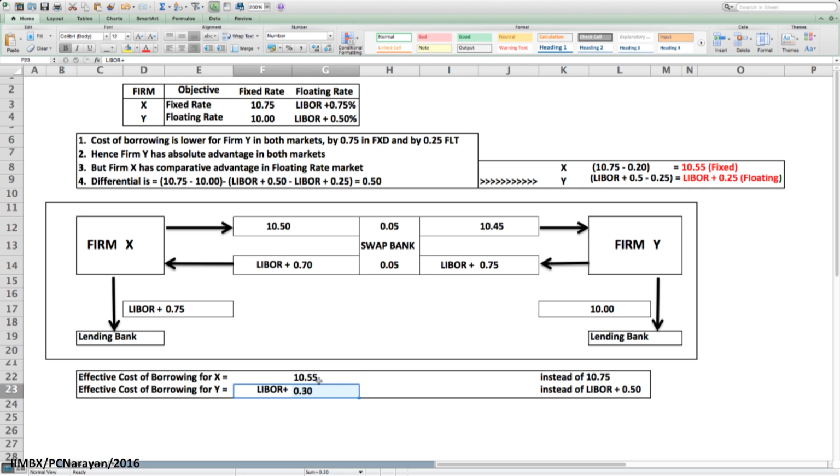So that was a pretty simple example of how interest rate swaps are set up in the marketplace. As would have been clear from the above example, an interest rate swap allows two counterparties to meet their requirements of borrowing, fixed rate versus floating rate, in keeping with their preference, at an interest rate lower than what they would command in the market.